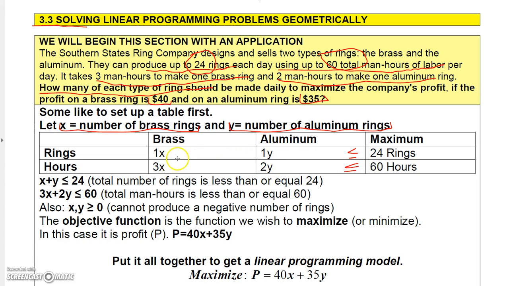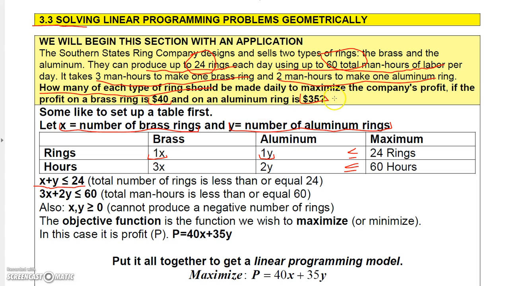Well, let's talk about the number of rings. That's the easy part. All you have to do to get the total number of rings produced is just add X and Y together. So that's just 1X plus 1Y, or more simply, X plus Y. And so X plus Y must be less than or equal to 24.